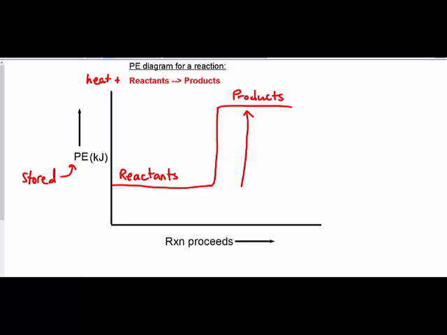If you've ever used a cold pack before, it's one where the chemicals are separated within the little package, and when you squeeze it or break the barrier, the chemicals are allowed to interact, and when they do so, the reaction is endothermic.